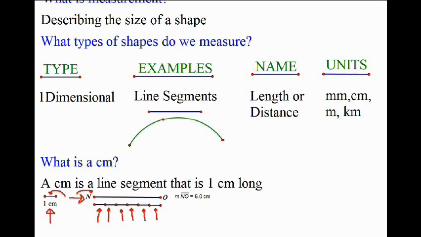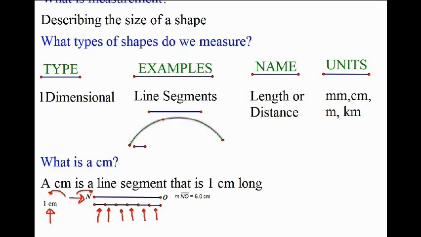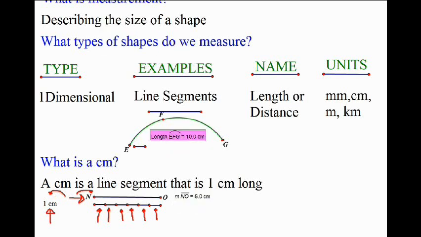If we were going to go back to our chart here and measure the size of that arc, well, again, we would be asking ourselves, how many of these 1 centimeter pieces fit onto this arc? It's a little bit more difficult to fit lines onto an arc, but if I measure how long that arc is, it's 10 centimeters long, which means 10 of these 1 centimeter line segments will fit on to this arc.